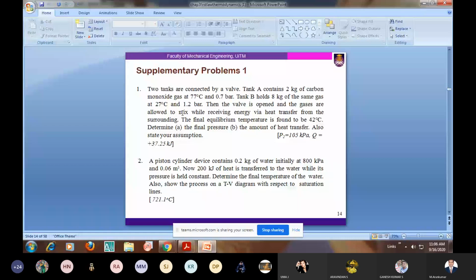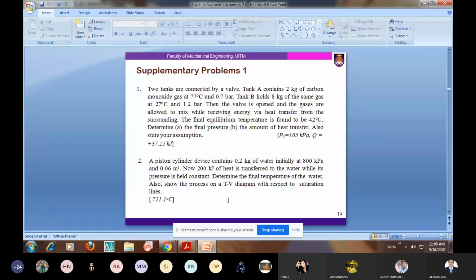We have to look at the carbon monoxide property table, then try to solve. So these problems will be the same, that is, for a constant volume process with the application of the energy equation. Just try and upload your answers in your Teams assignment file within next week.